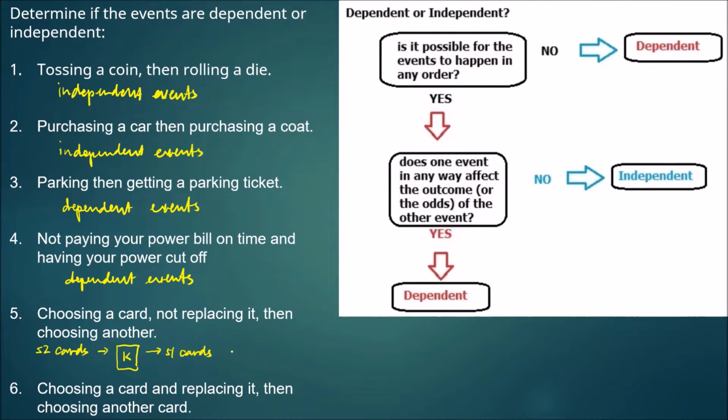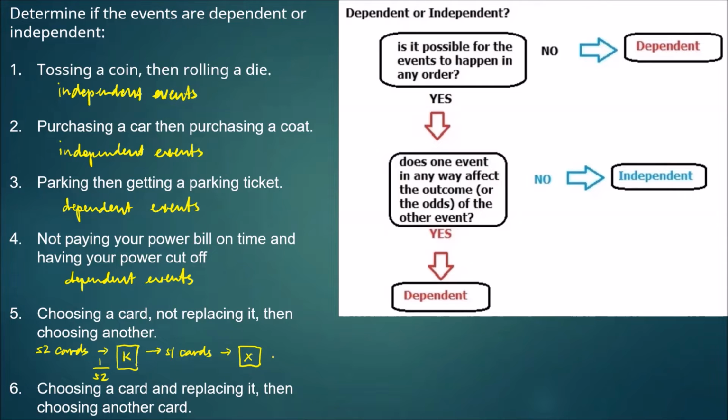So if we choose another card, is it the same as choosing the first card? Remember, when we choose our first card, our probability is getting one card out of the 52 cards, right?